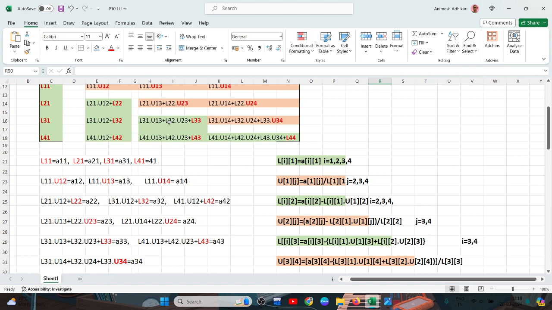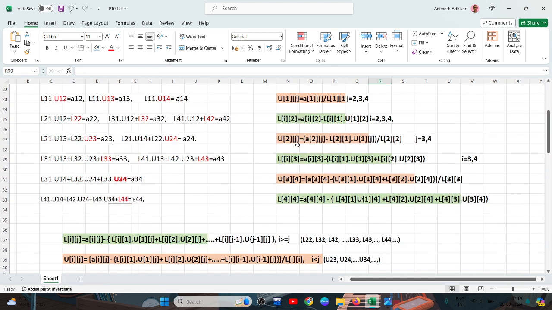From part of the third column, we get L33 equal to A33 minus the earlier terms, and L43 similarly from A43, so we write Li3 for i equal to 3 and 4. Lastly, from part of the third row we get U34, and from the last element we get L44.